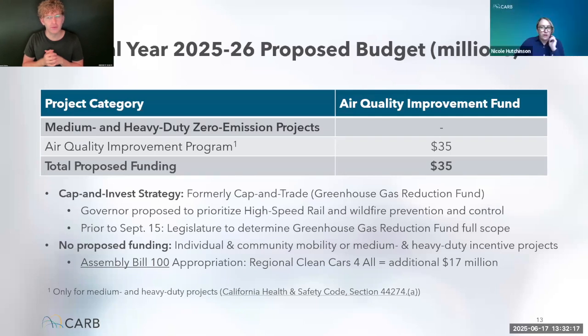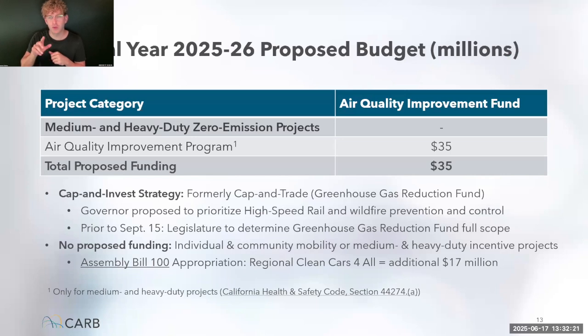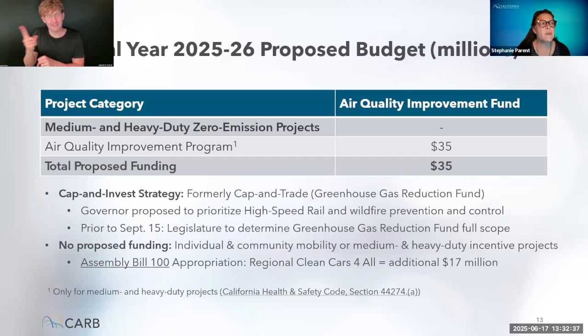The 35 million for AQUIP, you're asking? No, I was asking, is there a percentage or a dollar value for the California core program? So clean off-road equipment, I think that's the full form. Is it budgeted for that for next year, this year? We will get into that in the later presentation by my colleague Matt Williams.